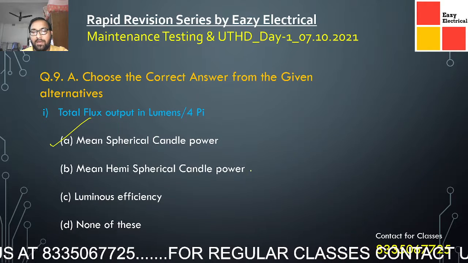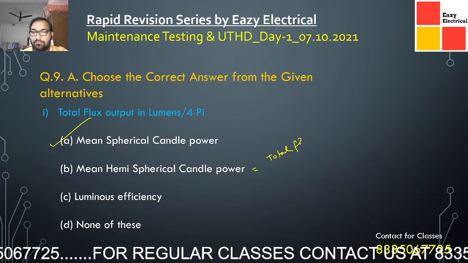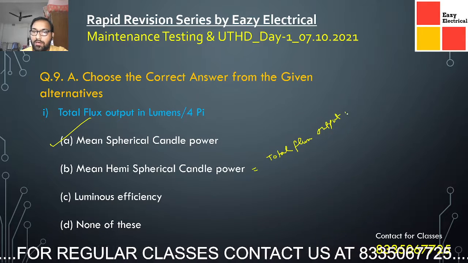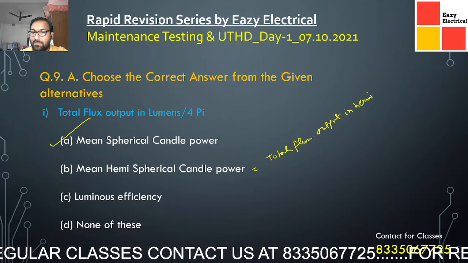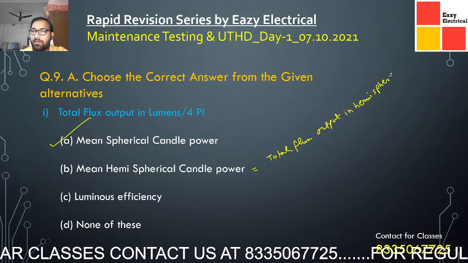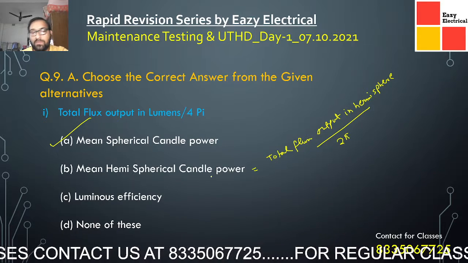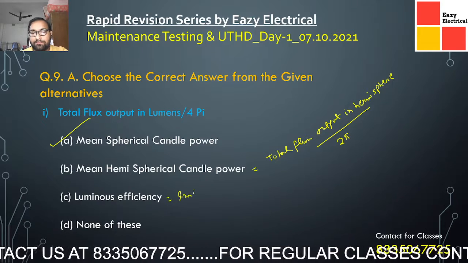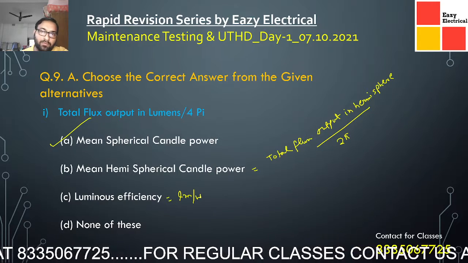Mean hemispherical candle power is basically the total flux output in the hemisphere divided by 2 pi. In that case we will get the hemispherical. Now luminous efficiency, we all know, is lumen per watt. That means what amount of light is coming out with respect to what amount of input power we are giving.